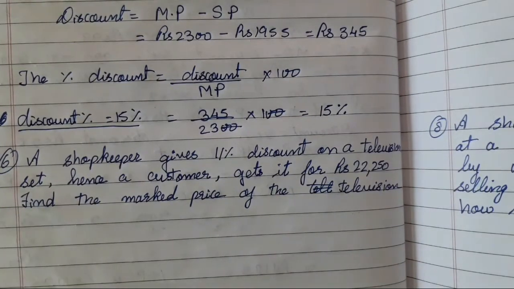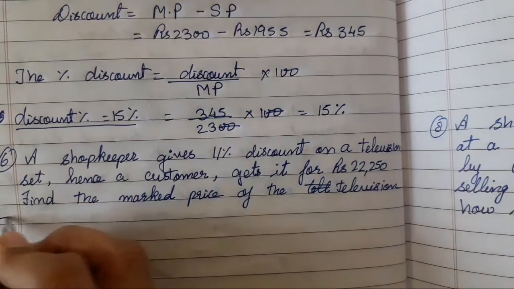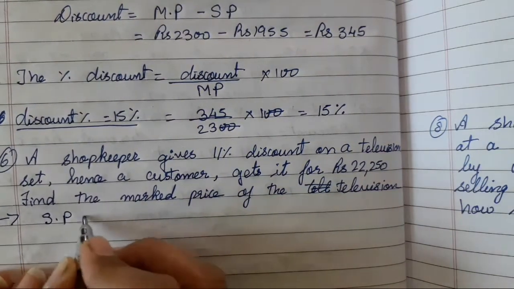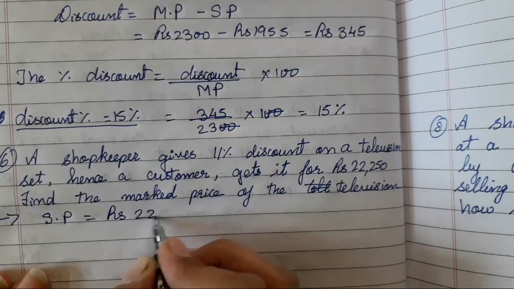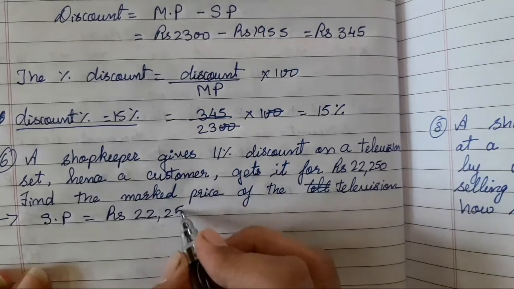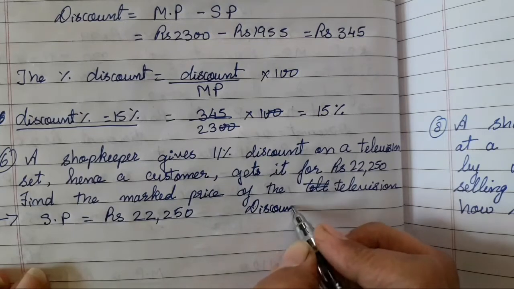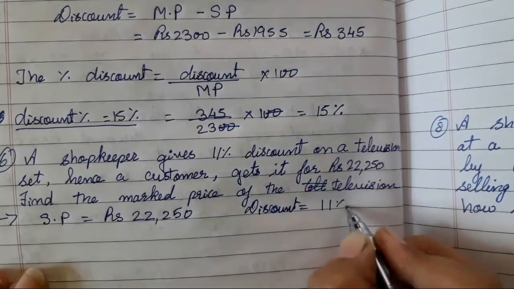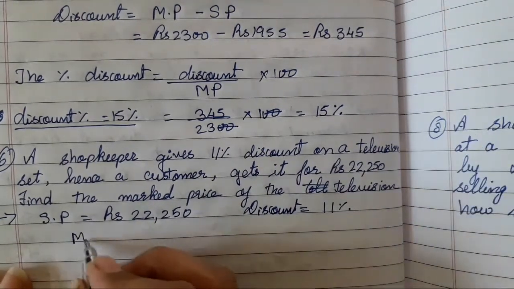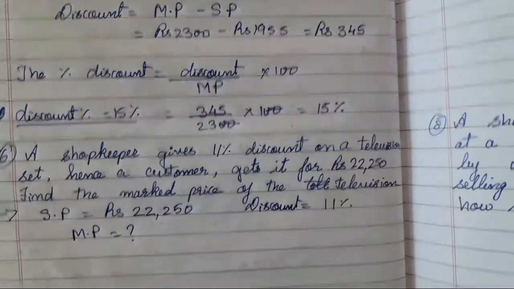A shopkeeper gives 11% discount on a television set, hence a customer gets it for rupees 22,250. Find the market price of the television set. Okay, so again whatever has been given we will write it down. Rupees 22,250, discount is 11%. We need to find the marked price.